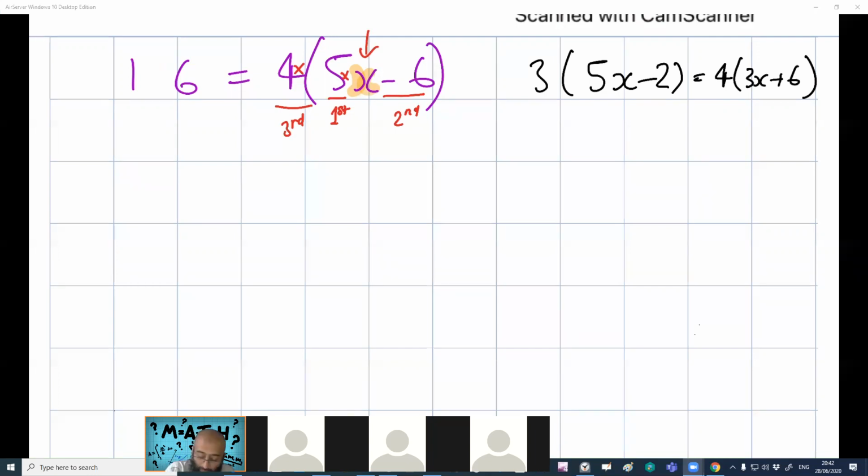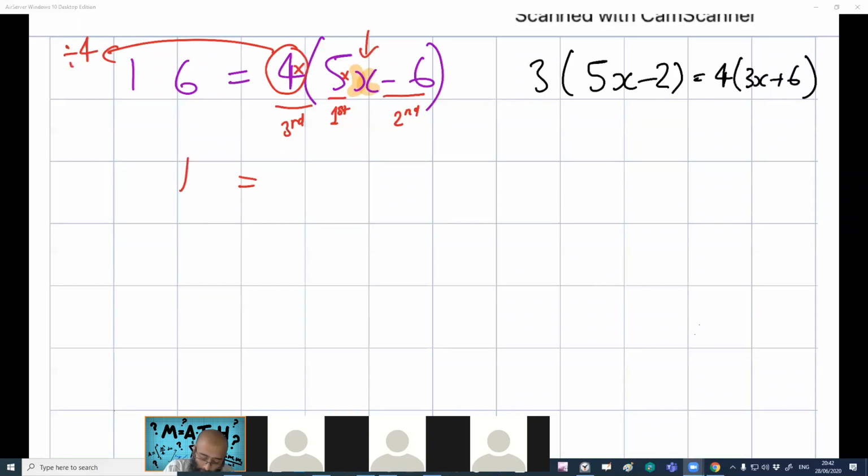So what shall I move first? The times by 4. The 4 means nothing to me mathematically, but the times by 4 has some significance. Remember, the 4 is acting on the brackets by multiplying. So the opposite of times by 4 is divide by 4.